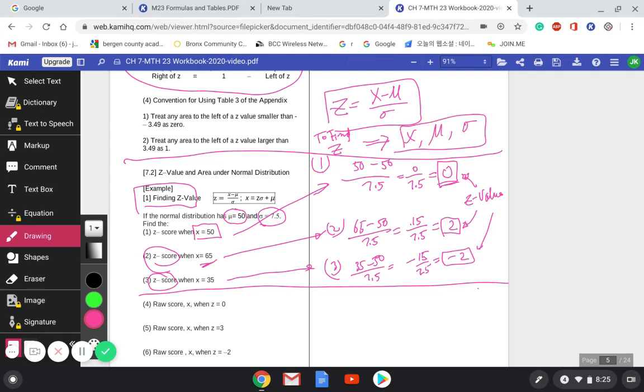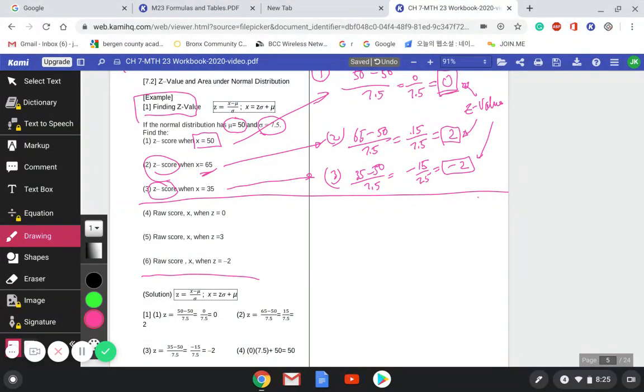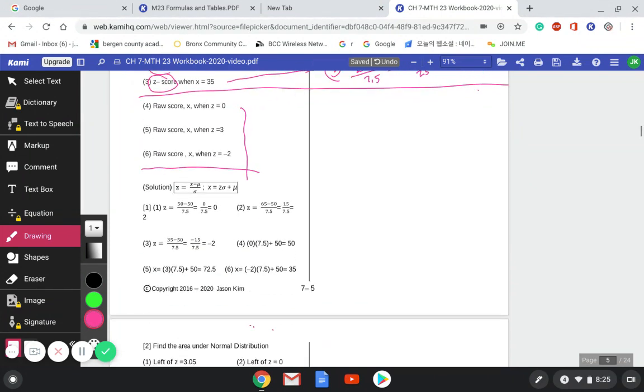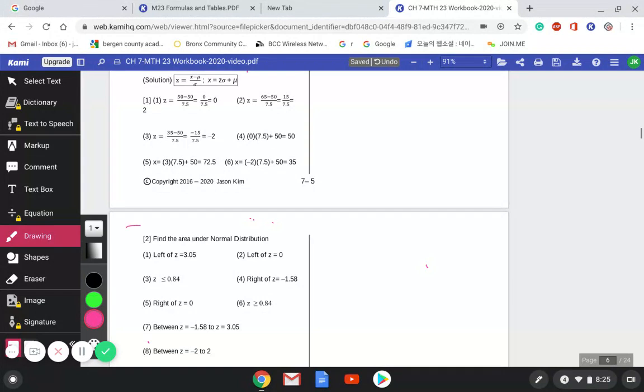Now finding the x score when z is given is the other way around. We're going to skip this for now and do it later. Now how about this time, how do you find the probability once you find the z value?